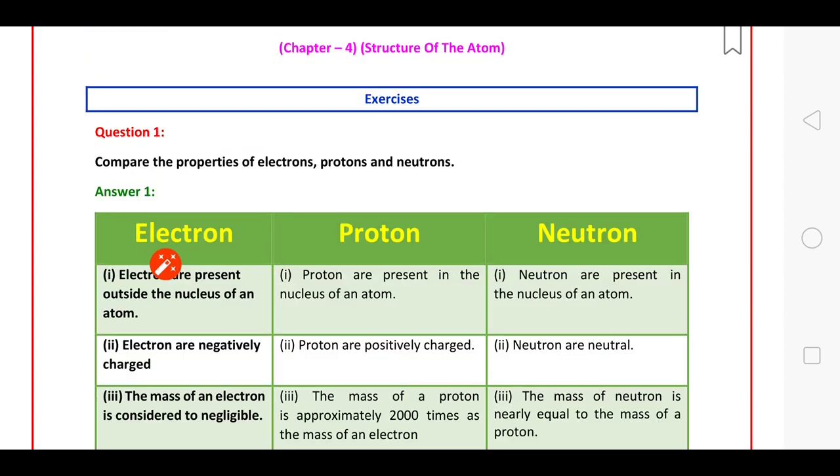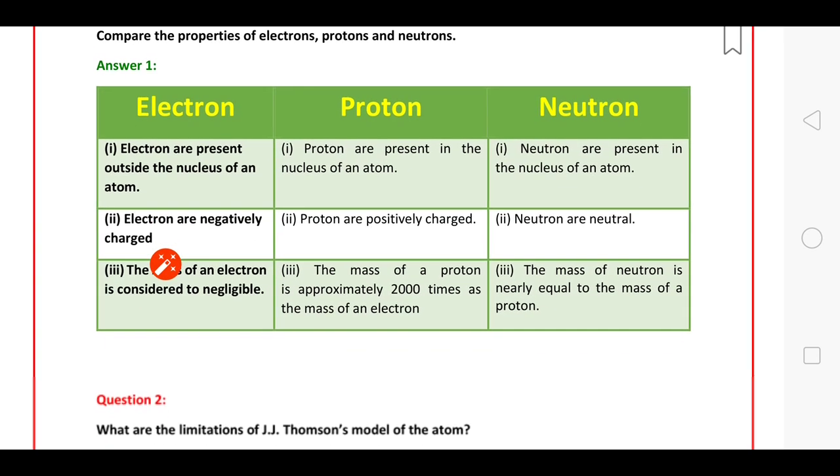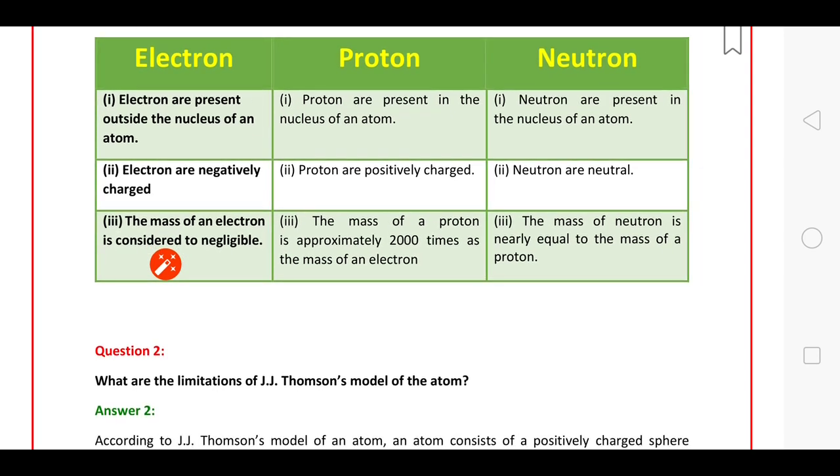Next question is, compare the properties of electrons, protons and neutrons. And the answer is, electrons are present outside the nucleus of an atom, protons are present in the nucleus of an atom, neutrons are present in the nucleus of an atom. So protons and neutrons are present in the nucleus of an atom, and electrons are present outside the nucleus of an atom.